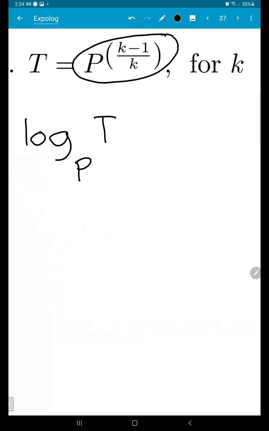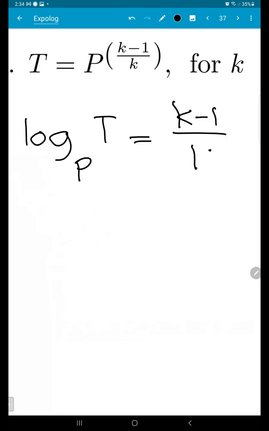Okay, base P. You're solving for K. K is all there on the exponent, so you have to use a logarithm, base P. And if you take this to base P log, you get K minus 1 over K. Is there any question on this step?